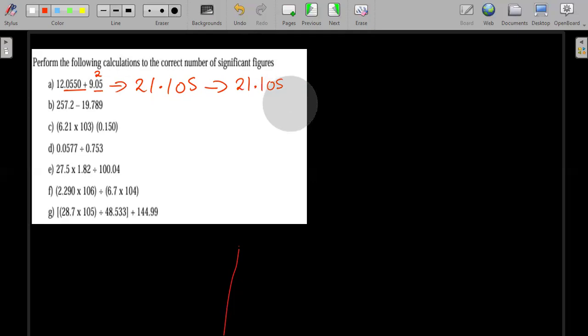So 0, what type of number is 0? Is 0 an odd number or an even number? It's an odd number.